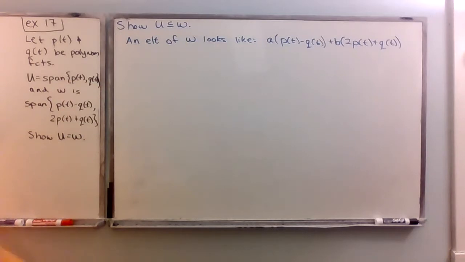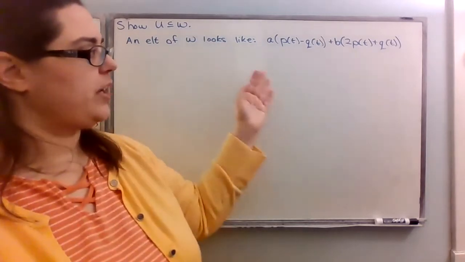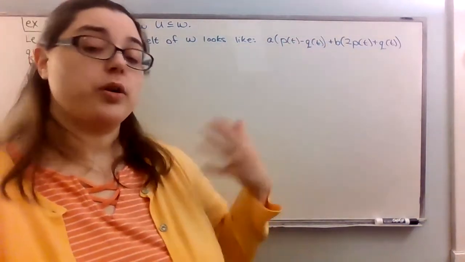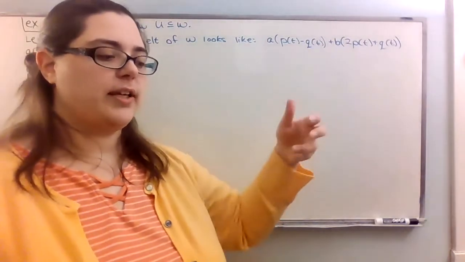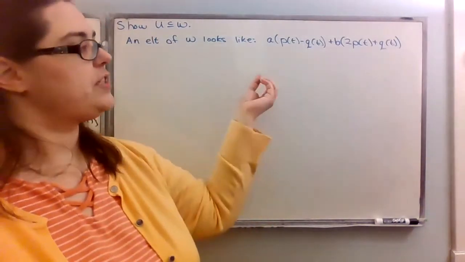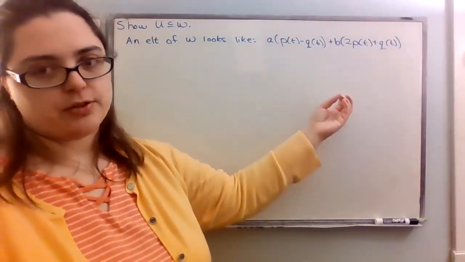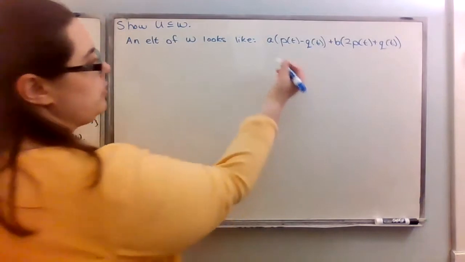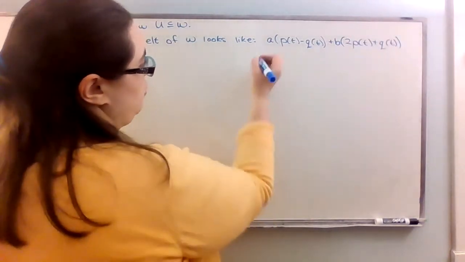Okay. To help me out, I'm going to rearrange this a little bit, because we're interested in showing it equals P of T or equals Q of T. I'm going to rearrange this so the P of T's are grouped together and the Q of T's are grouped together. So I'm going to first expand the whole thing out.